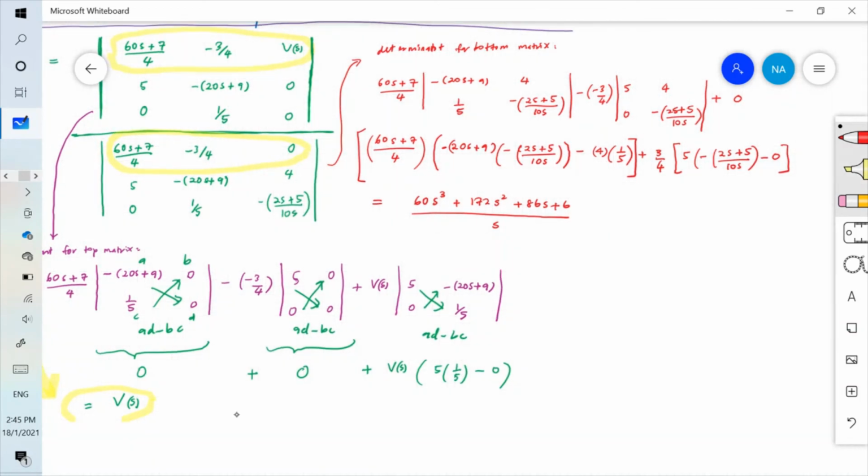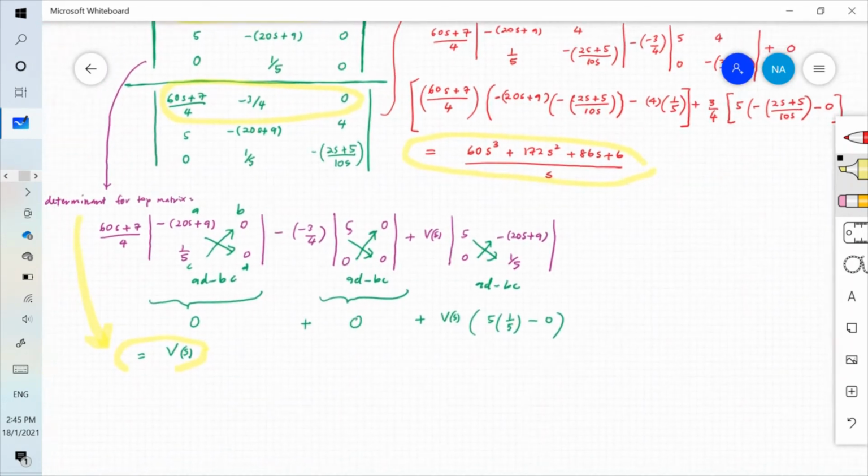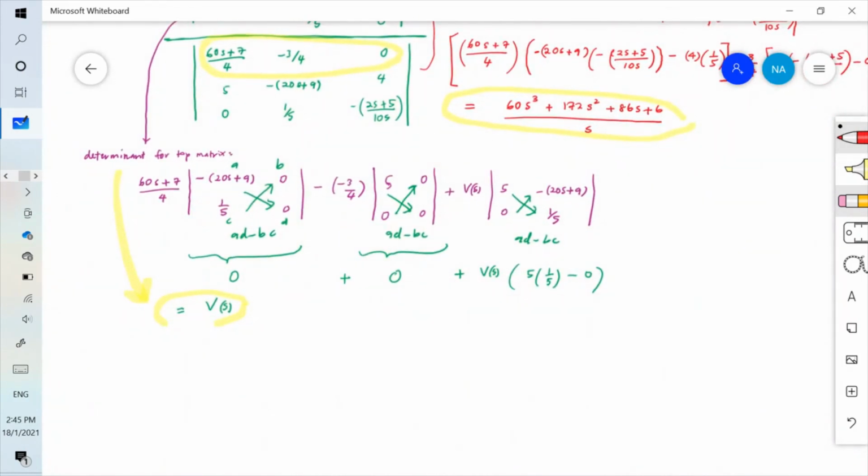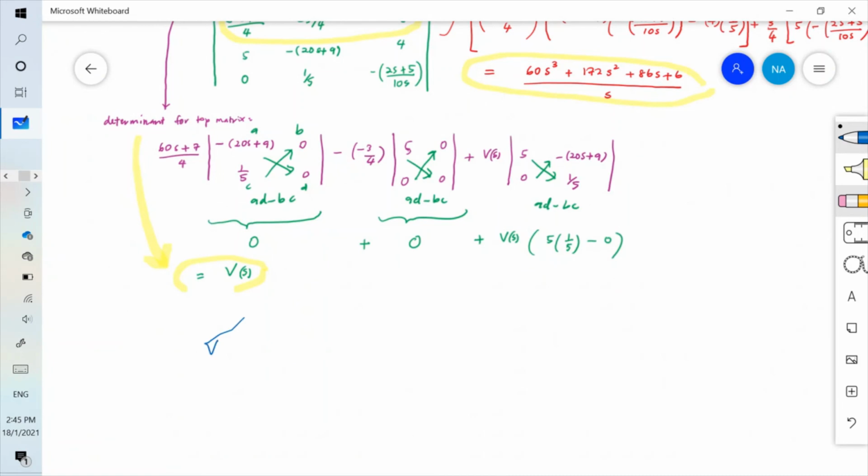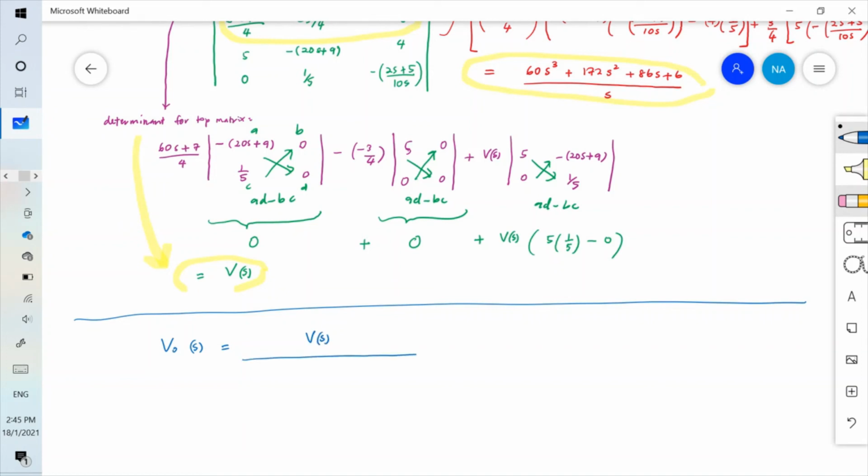Now you have both the determinant for the bottom and top matrix. We can now arrange our answer. So V naught S equals the determinant for the top matrix, which is Vs, divided by the determinant for the bottom matrix, which is this.